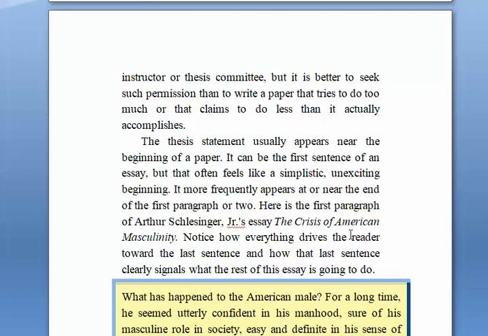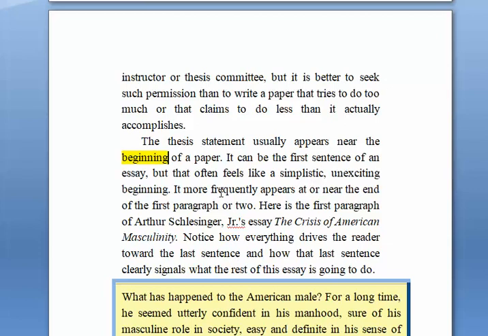The thesis statement usually appears near the beginning of a paper. It can be the first sentence of an essay, but that often feels like a simplistic, unexciting beginning.